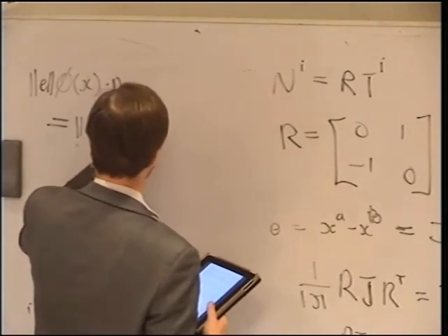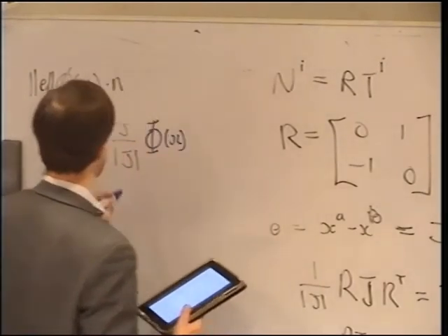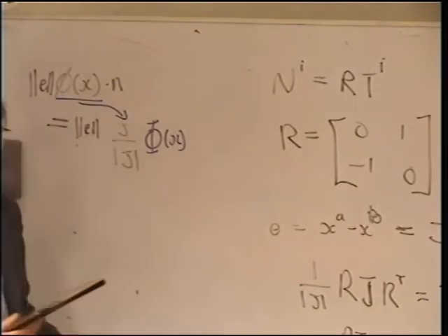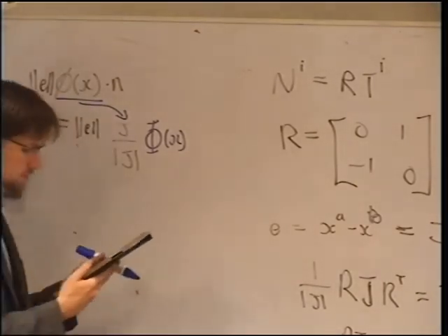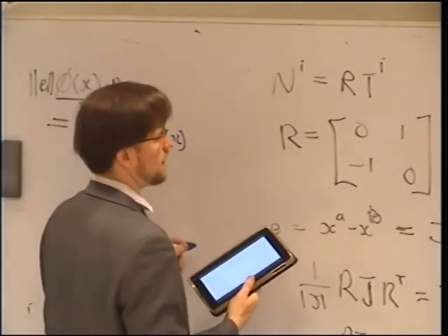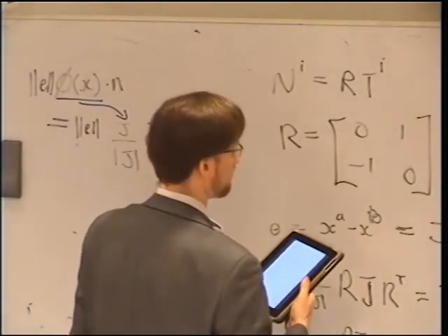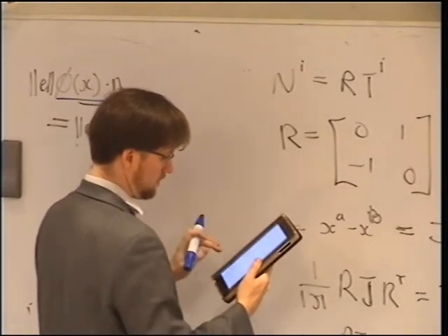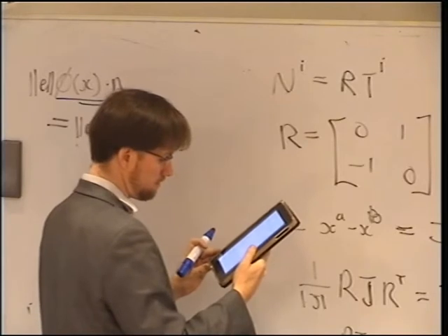Times the local basis function, so that's this bit here under the contravariant Piola transform. And then what does n become?